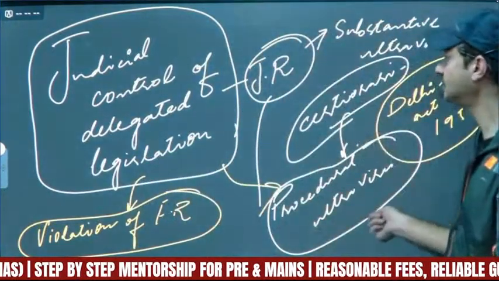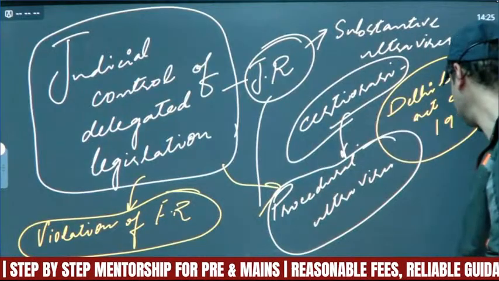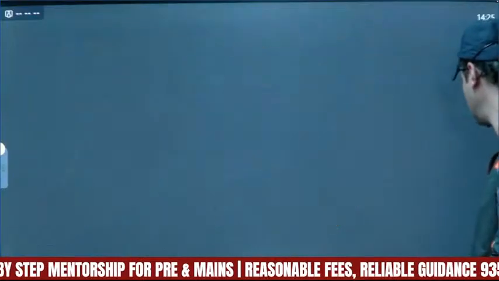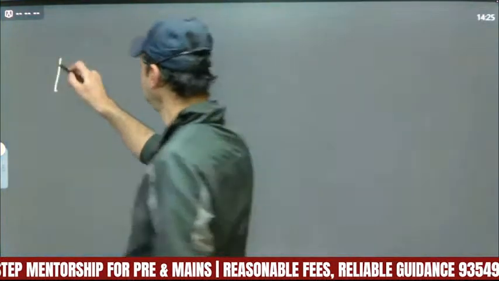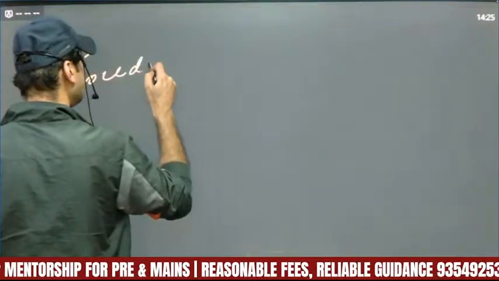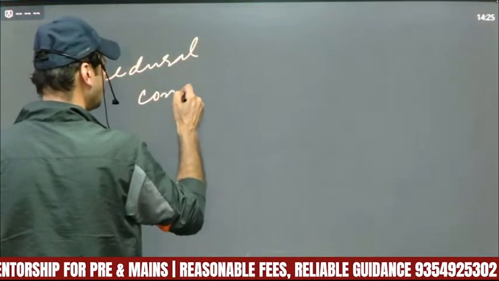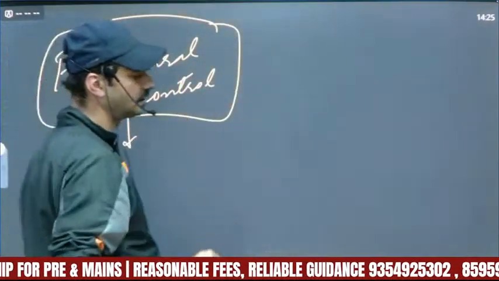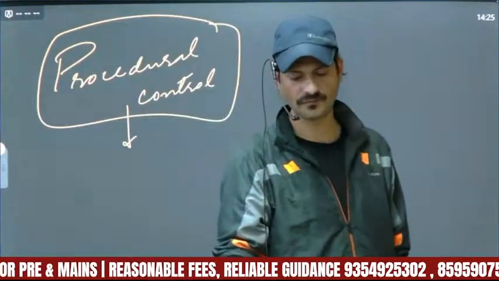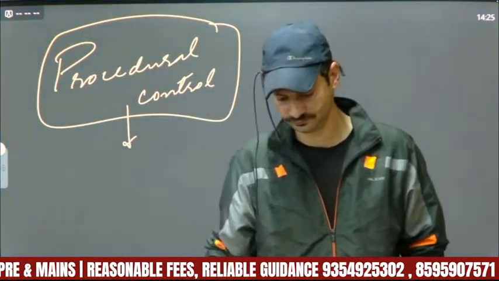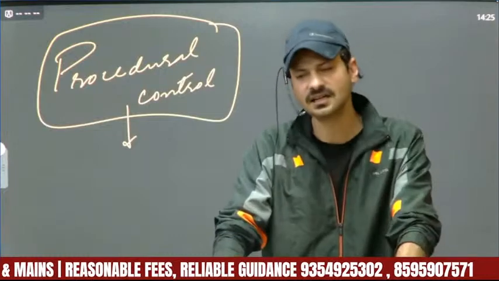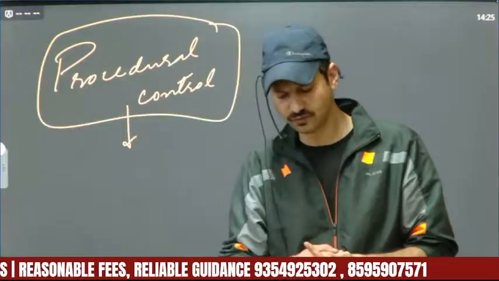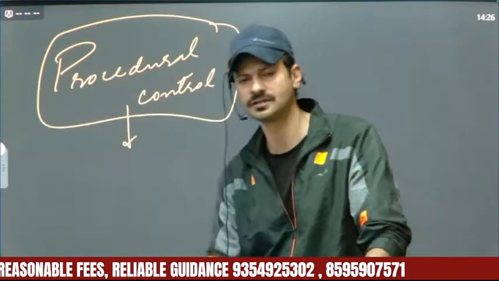This is the judicial control of delegated legislation. Now let's try to understand procedural control of delegated legislation. Certain statutes require administrative authorities to follow specific procedures while framing laws.